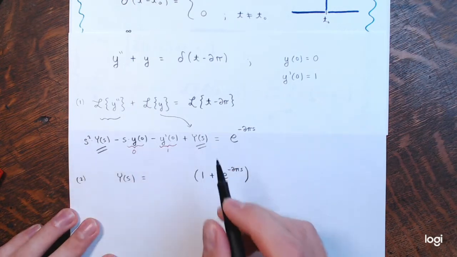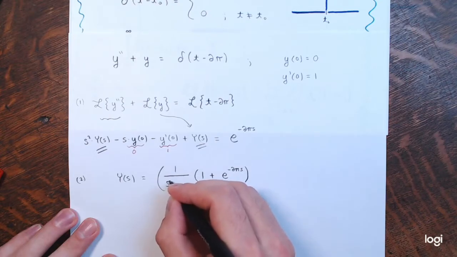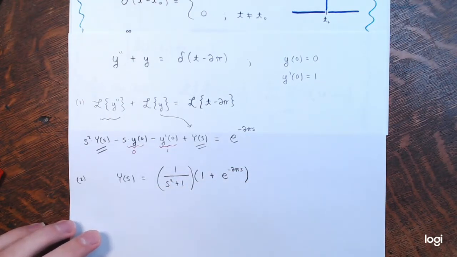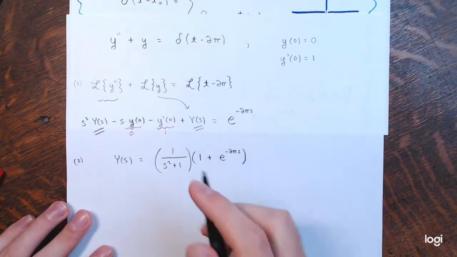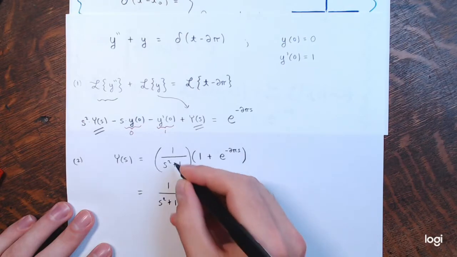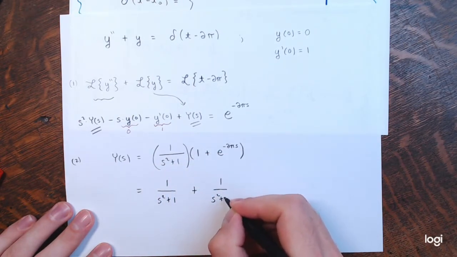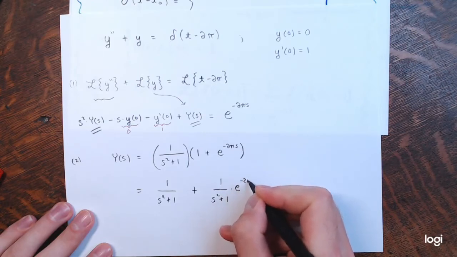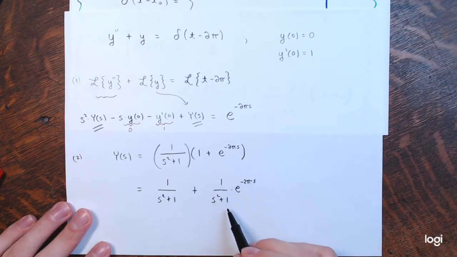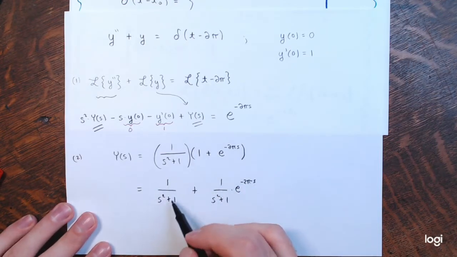And you'd have s squared plus 1. So times, now again, there's a reason I'm writing it this way, 1 over s squared plus 1. In fact, you could write it this way as well. This is 1 over s squared plus 1 times 1 plus 1 over s squared plus 1 times e to the negative 2 pi s. And you see this one here, I'm going to be using the second translation theorem to state the inverse Laplace transform. This one's not so bad.